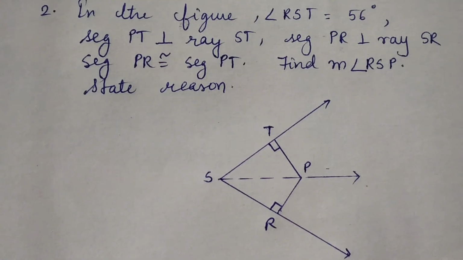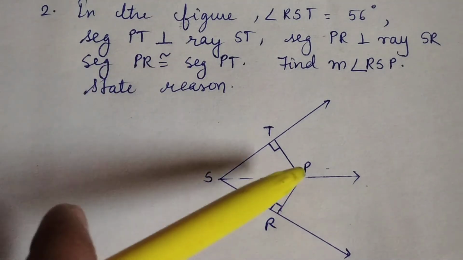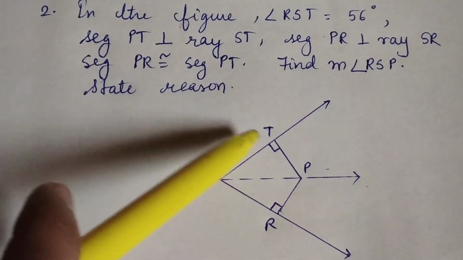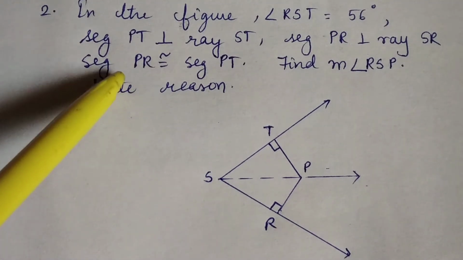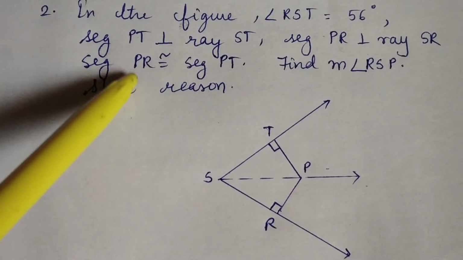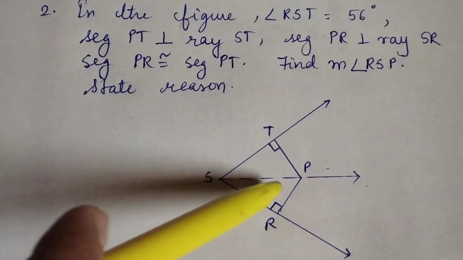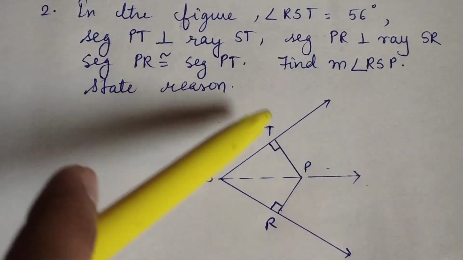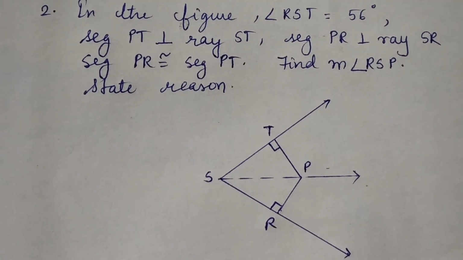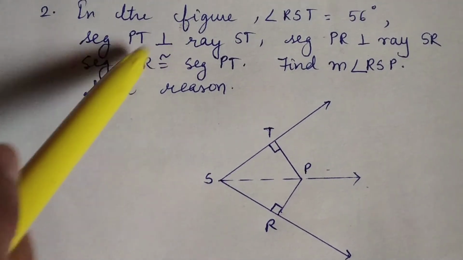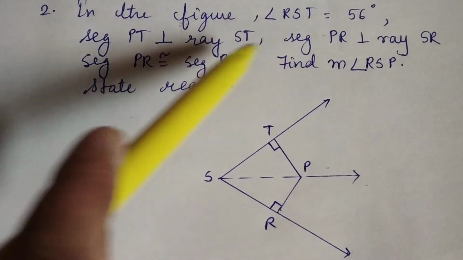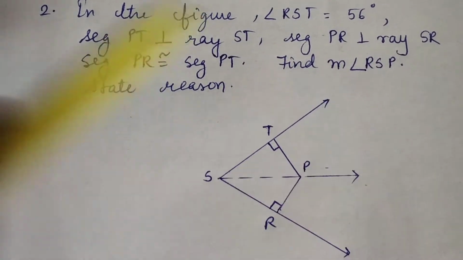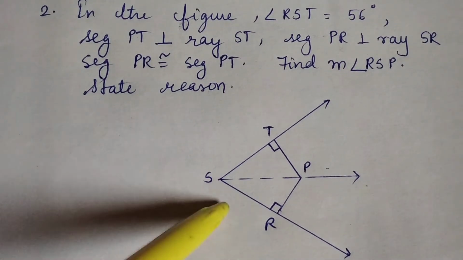Here they haven't told us that it is an angle bisector, but we'll prove it. How? We will say that PT is equal to PR, which is given to us, and PT is perpendicular to ST and PR is perpendicular to SR. Because of these three conditions, we will say that P is on the angle bisector of angle RST.